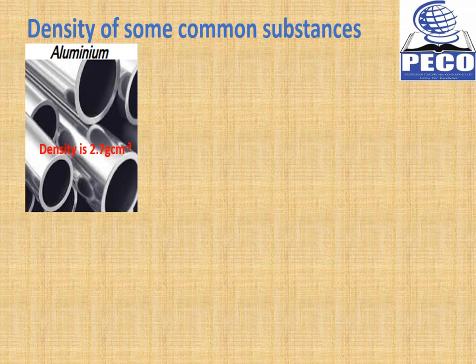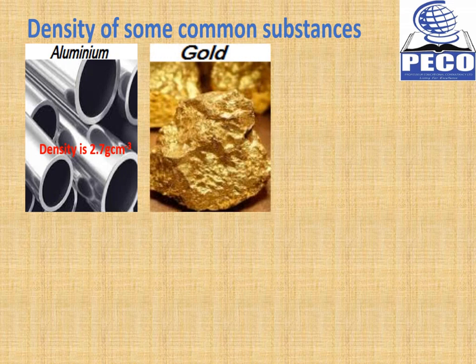If you want to change to kilograms per cubic meter, remember you just have to multiply by 1,000. Then gold, that one we have already known, we have 10.3. That type of gold is 10.3.